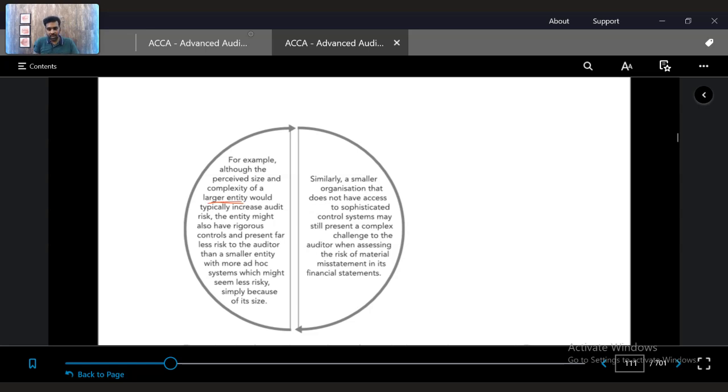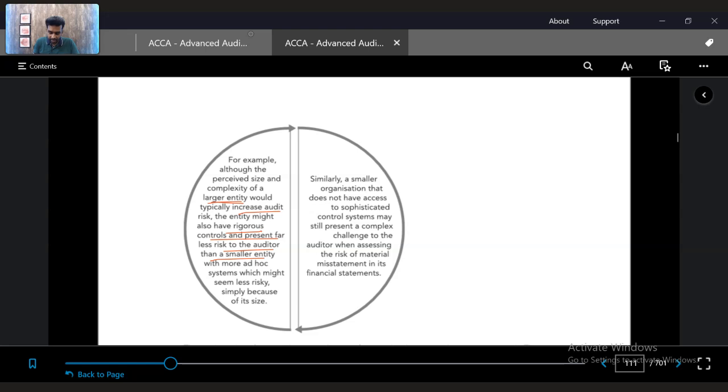The auditor might perceive that the size of the entity is so huge that there could be complexity, but that is not necessarily true, because even though the entity is huge, it could have an increased amount of rigorous controls present, which will reduce the risk for an auditor compared to a smaller entity.